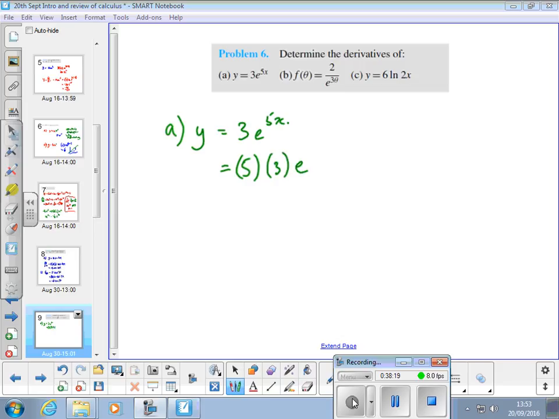E to the 5x. Yeah. The power doesn't change with the exponential function. The differential of e to the x is e to the x. That's why it's a special function. That's why e is a special constant number, because of that. So it equals 3 5s is 15 e to the 5x. Yep.